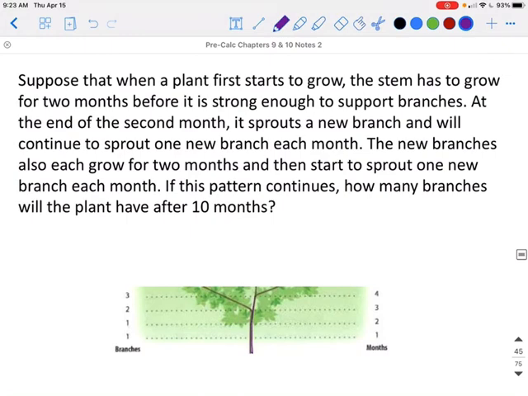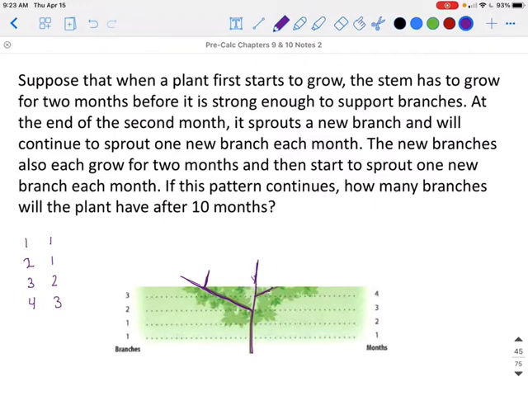So when we get to the next one, again, we have this main one. It sprouted this one at 3 months. It sprouted this one at 4 months. So at 1 month, we had 1. At 2 months, we had 1. At 3, we were up to 2 branches. Now at 4 months, we are up to 3 branches. Now this branch has been growing for 2 months, so at the next month, it will be strong enough to grow another branch.